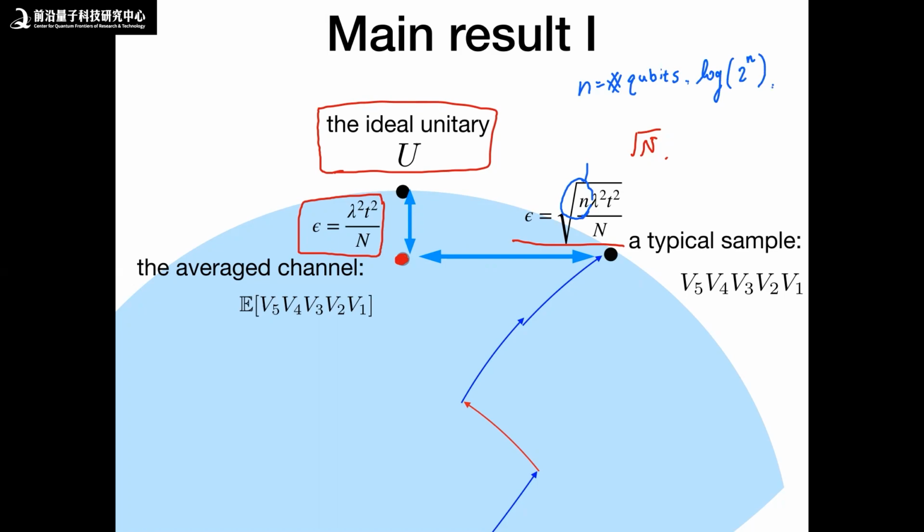This is actually a common feature. The reason why these numbers come in is because we're controlling the fluctuation of a very big matrix that's of dimension 2 to the n. And we only need to pay the logarithm of that. So we see some high dimensional effects coming in, but otherwise it's like a random walk.